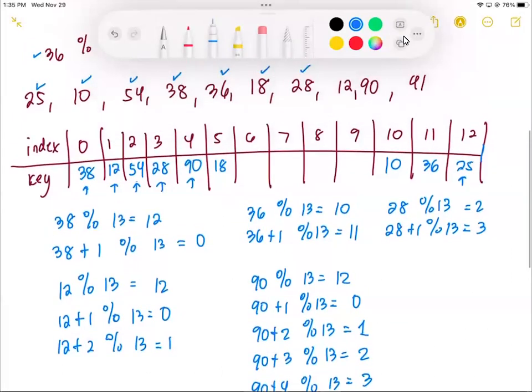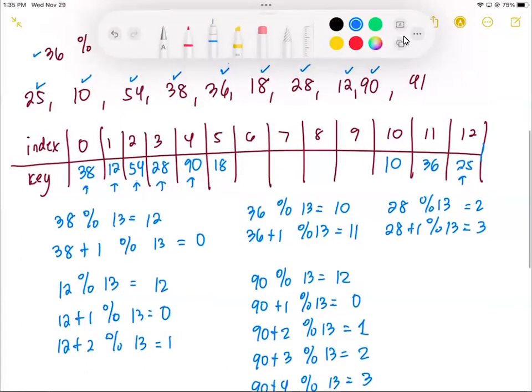Now what about 41? 41 modulo 13 is equal to 2. Let me erase some of this. So 41 modulo 13 is 2.